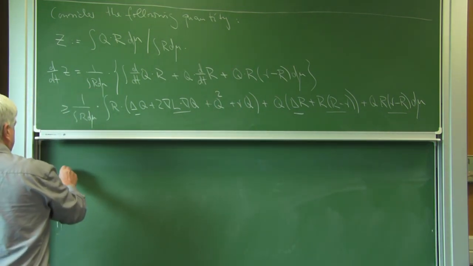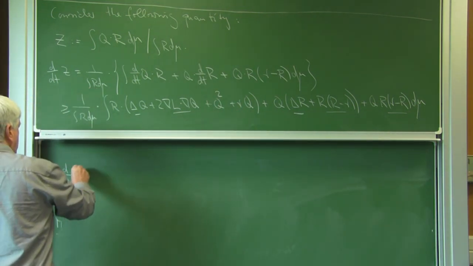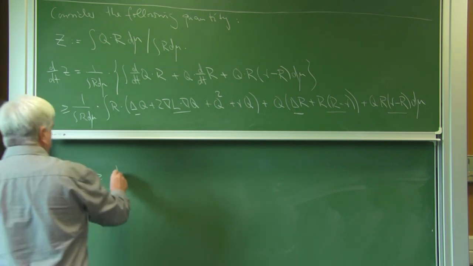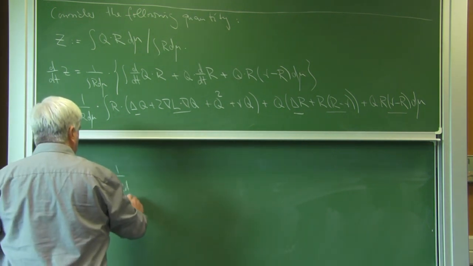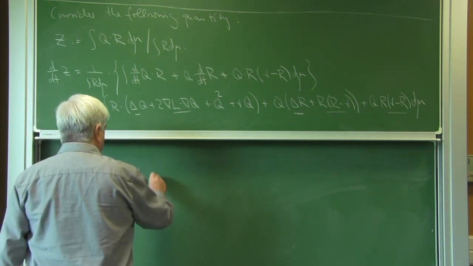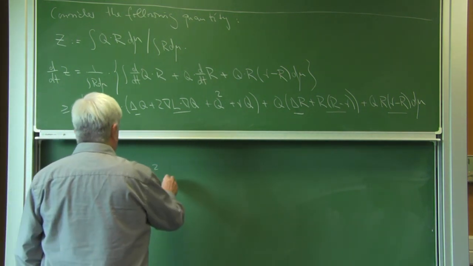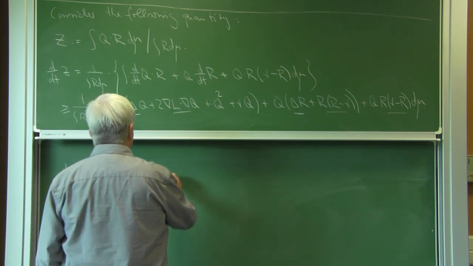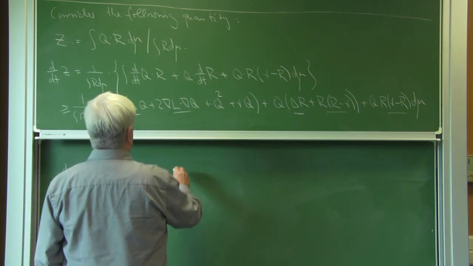So we get d/dt of Z is bigger than 1 over the integral r dμ times the integral q squared times r dμ.